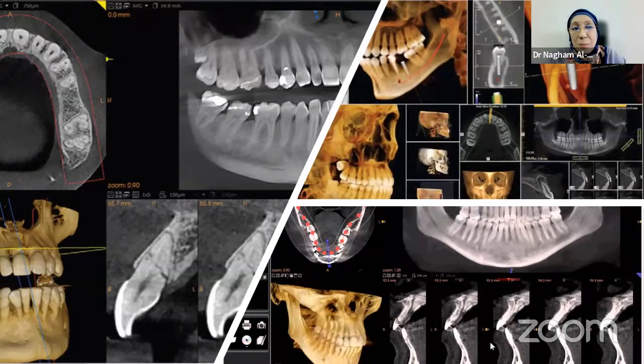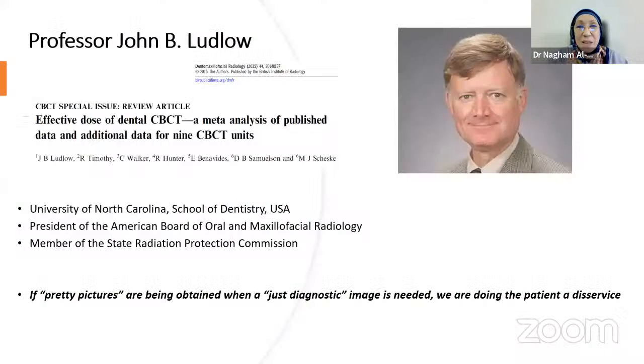But who called them pretty pictures? Who first called them pretty pictures? Well, it wasn't me, unfortunately. It was this man. This man is Professor John Ludlow from University of North Carolina School of Dentistry. And he is also affiliated with many radiological agencies and radiation protection agencies in the States. And he published extensively about CBCT specifically.